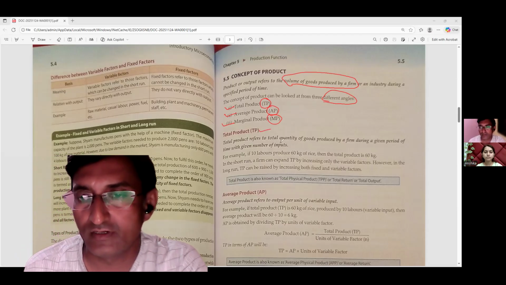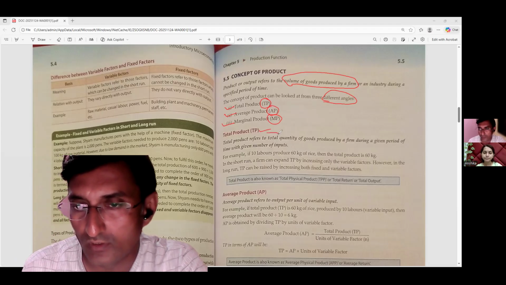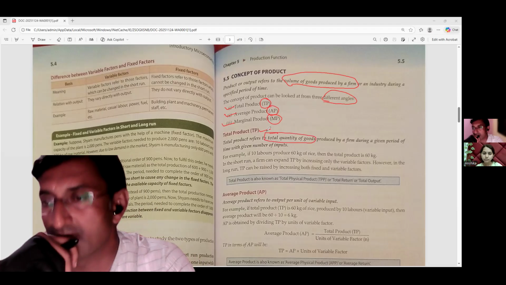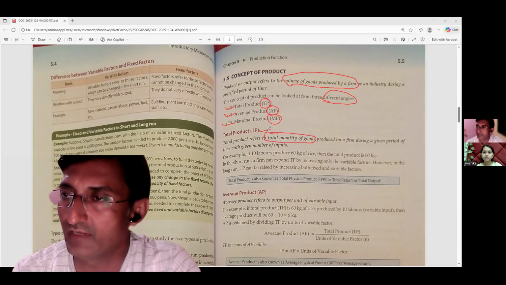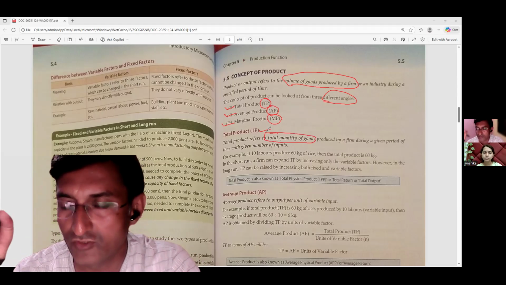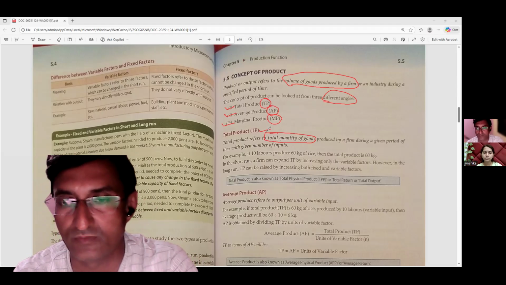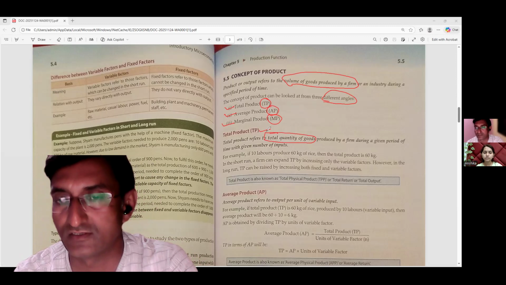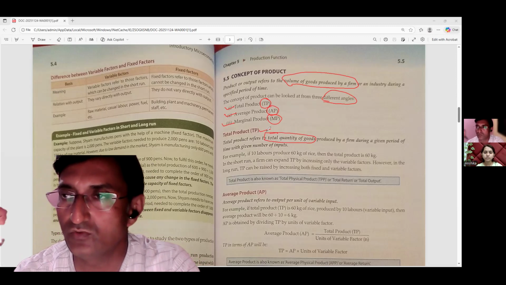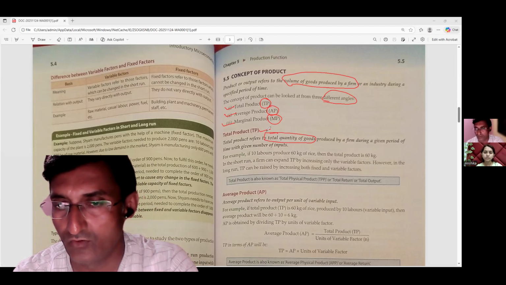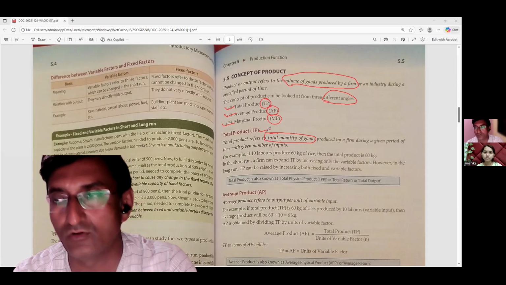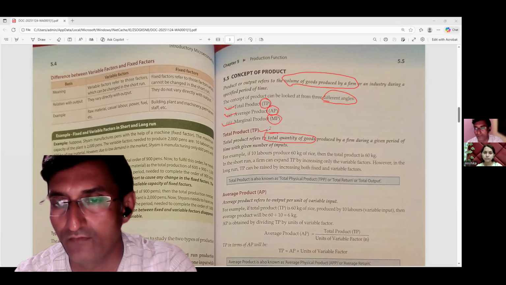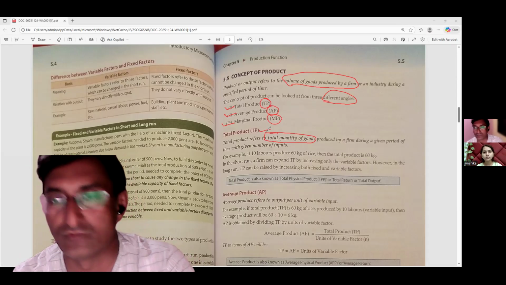Basically, total product refers to the total quantity of goods which is produced by the firm, the organization or the company, in a specific period of time, and which is produced with a number of units of inputs. So, in simple terms, total product refers to the total quantity of goods which is produced by the firm during a given period of time with a given number of inputs.